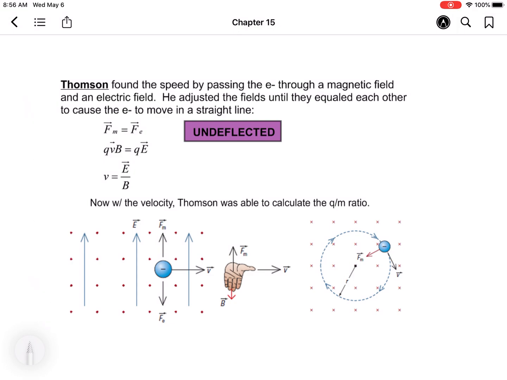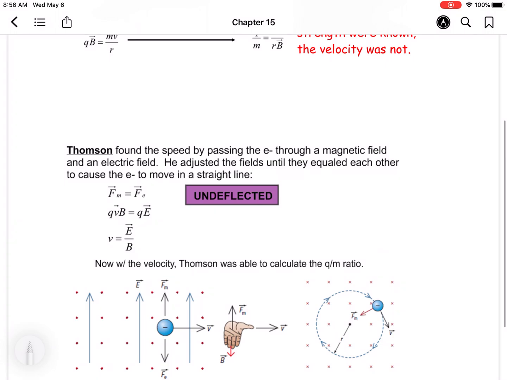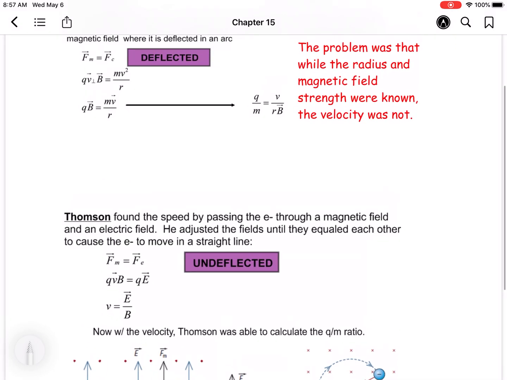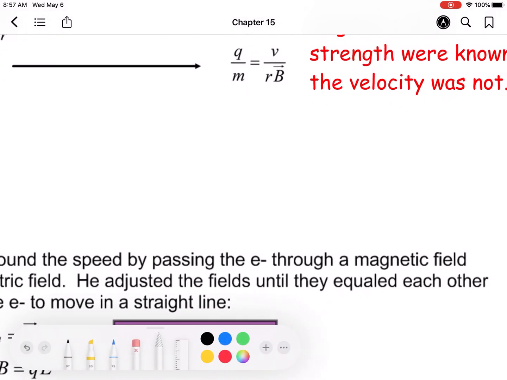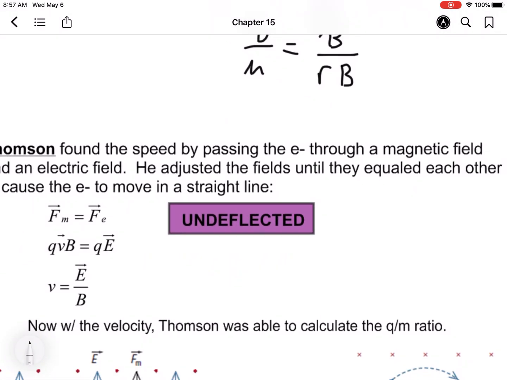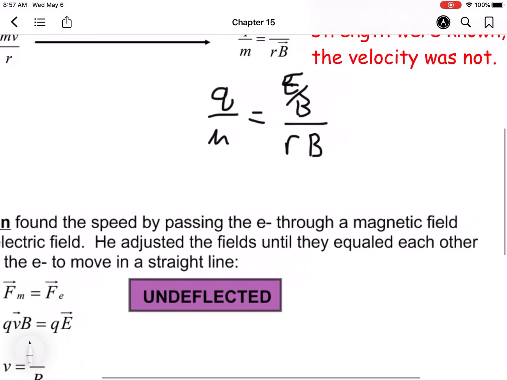He used this to get V equals E over B. So if I look at the equation up here and put in Q over M, and then V equals E over B, the electric field over the magnetic field, this leads to E over R B squared.